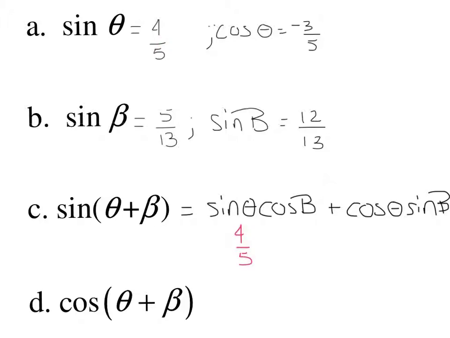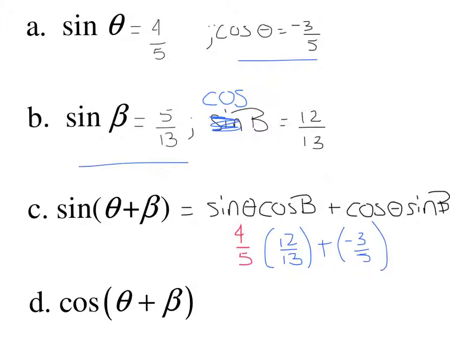Cosine of beta, oh, I wrote that backwards, didn't I? I just realized I had a typo. This is supposed to be cosine. So now substitute that. That's going to be 12/13 plus cosine of theta, that's up here, -3/5, and sine of beta, that's right here, that's what we solved for, 5/13.